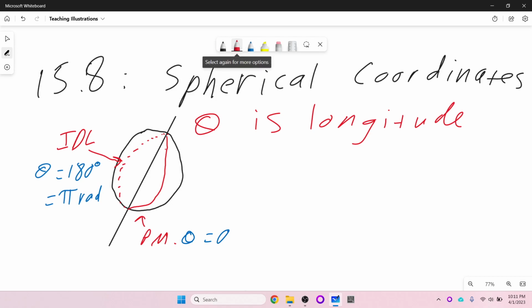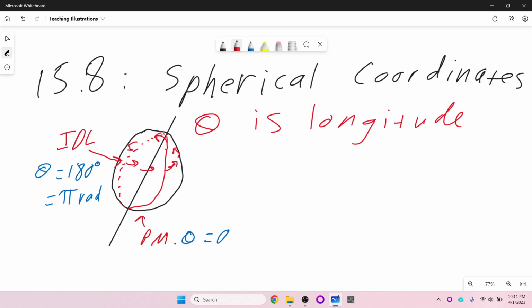And so go around in this direction, going eastward, and as we go eastward on the globe, that represents an increased theta.